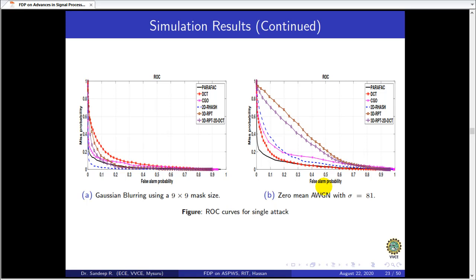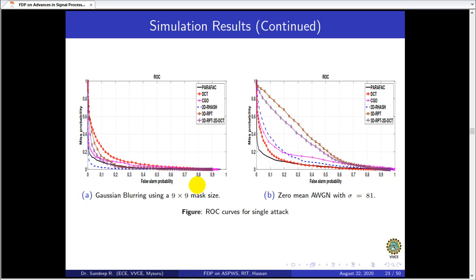All those probabilities are calculated on average, and we call it the miss probability. Then what is the false alarm probability? Two videos are perceptually different, but your algorithm says they are the same; then it is a false alarm. Even though they are different, your algorithm is trying to tell that they are the same. All these probabilities are calculated, so this corresponds to the false alarm probability.